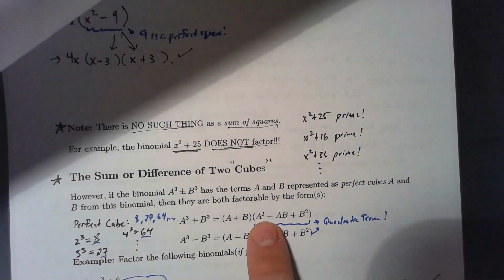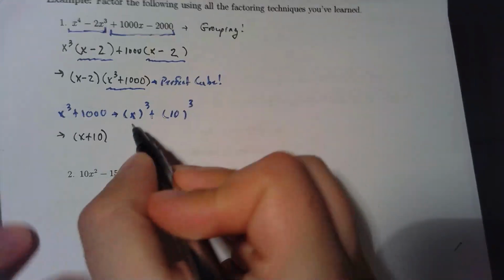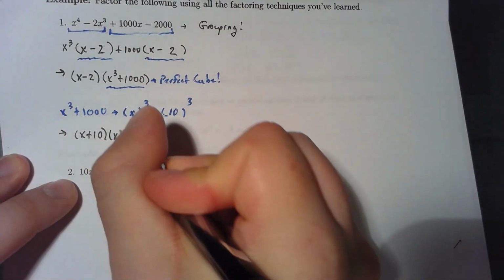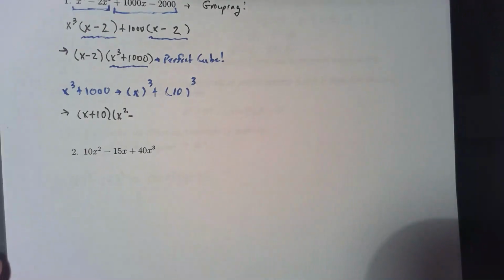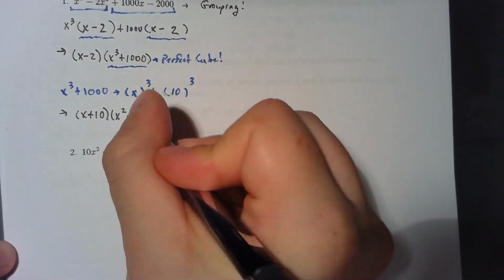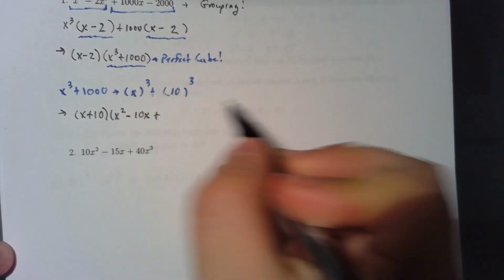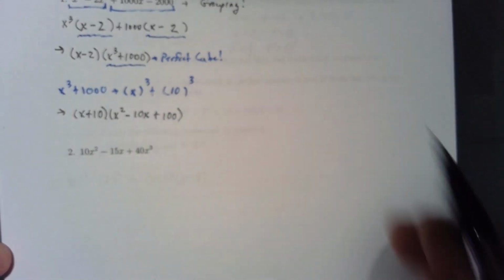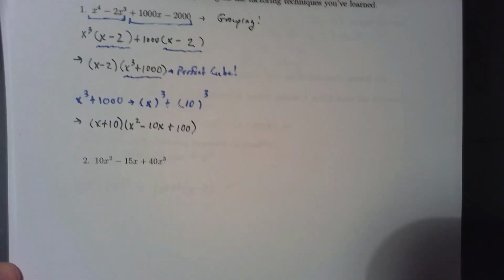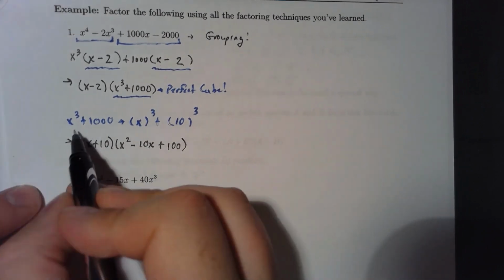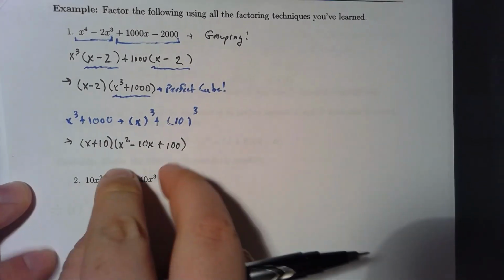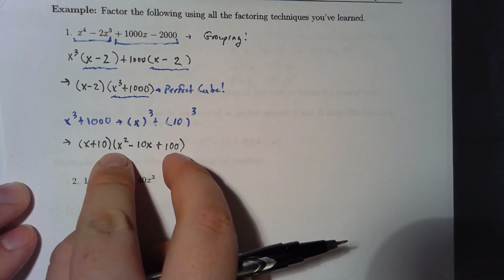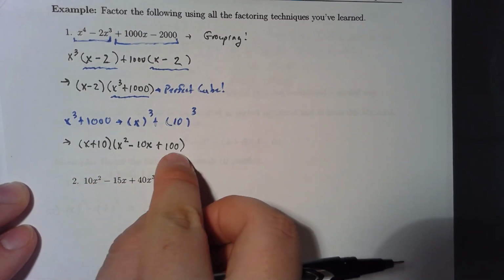So a squared is going to be x squared minus ab, which is x times 10, which is 10x, plus b squared, which is 10 squared, which is 100. So this sum of 2 cubes factors to be x plus 10 times x squared minus 10x plus 100.